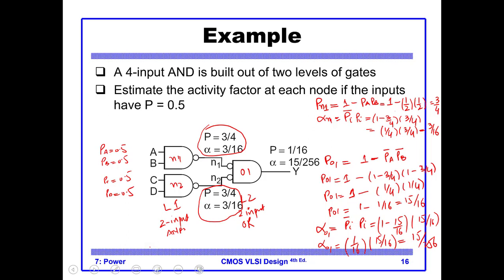Now note that in the book this probability is 1 by 16, but according to our calculation it is 15 by 16. So I think this is a mistake. You can also verify this with your own calculation.